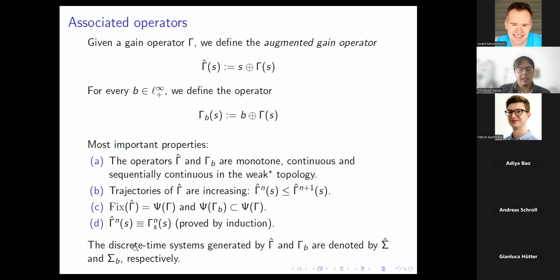And again, we need a notation for the discrete time systems generated by the operators. So this is just sigma hat and sigma B, respectively.